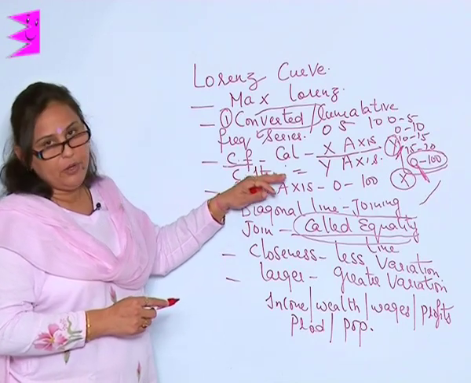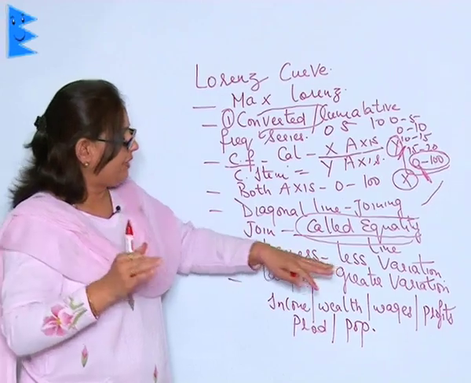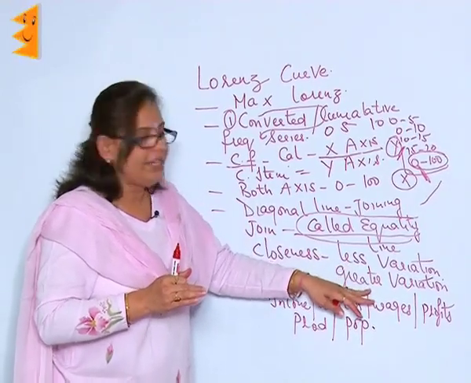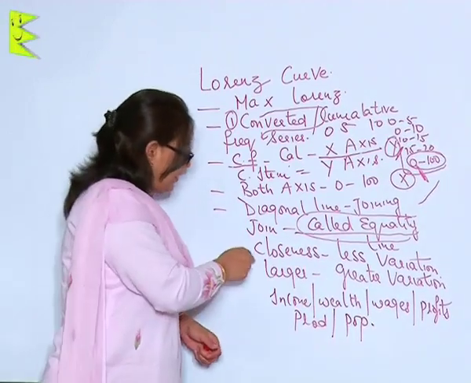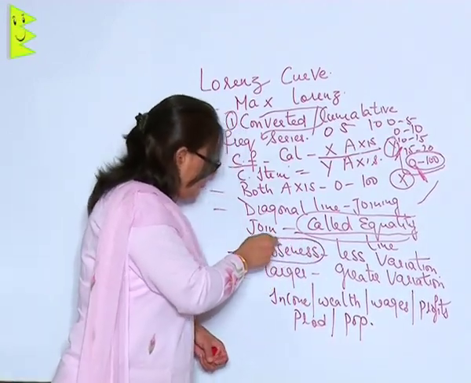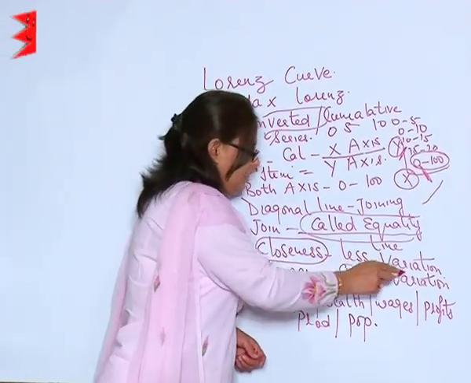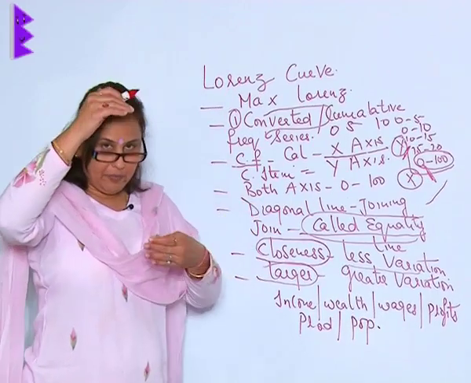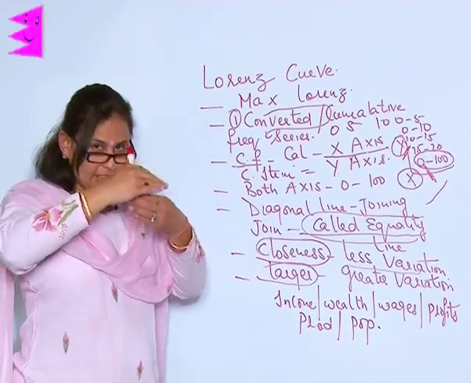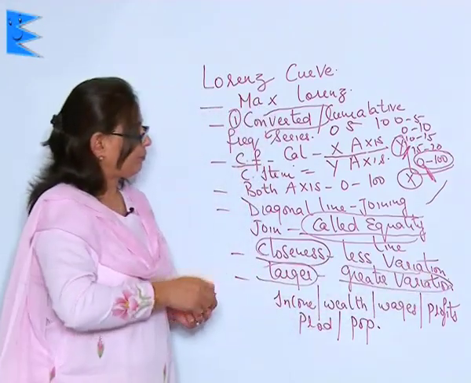When you observe the Lorenz curve, you will easily come to know whether there is less variation or greater variation in the series, because if there is a closeness to the line that we have, it shows that there is less variation. If the space that we have is larger, it shows greater variation.